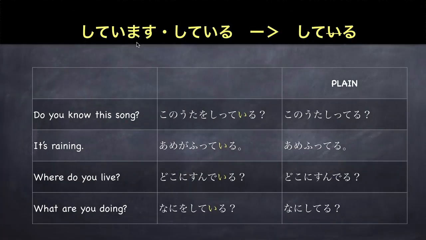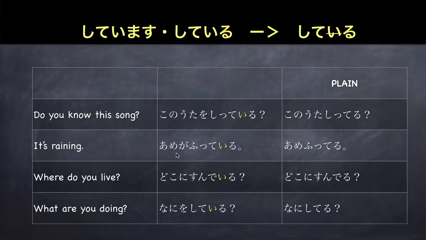During casual conversation, the I sound in the shiteimasu or shiteiru is often dropped or not pronounced. For example, do you know this song? この歌を知っている? So it becomes この歌知ってる?